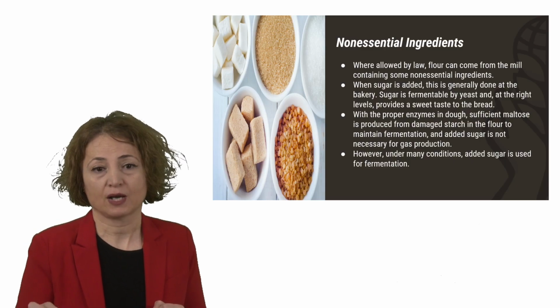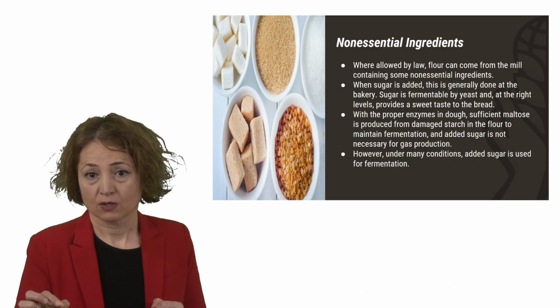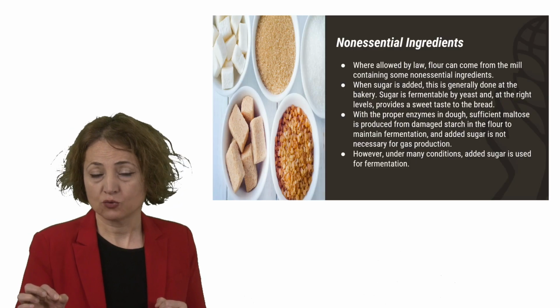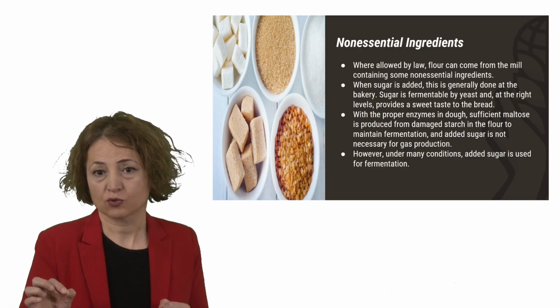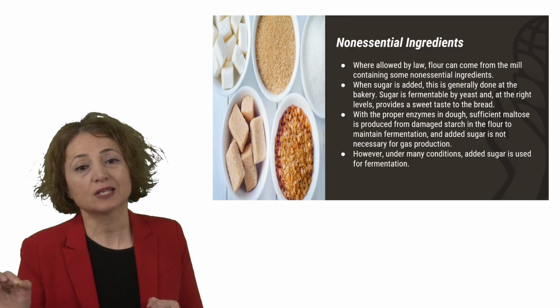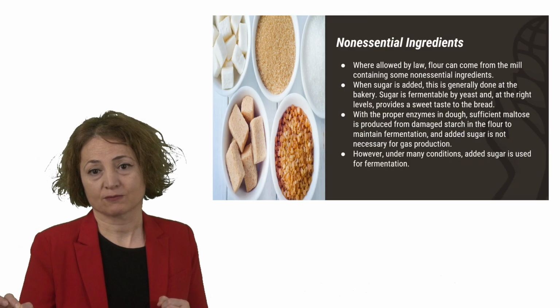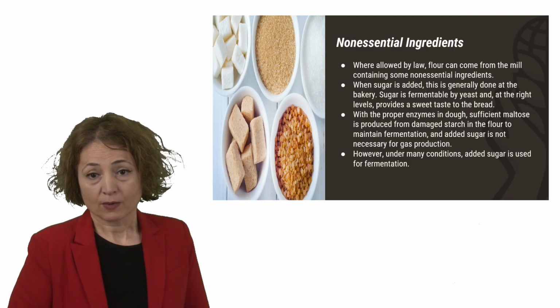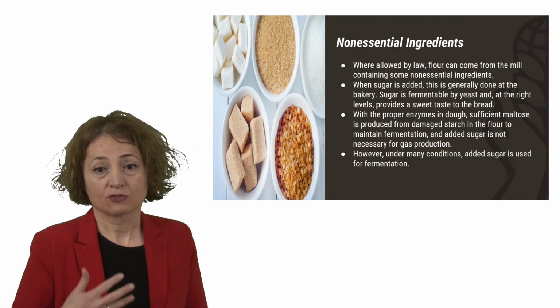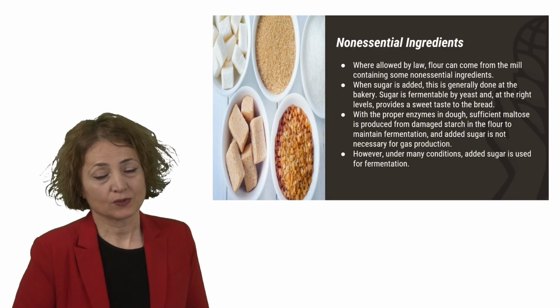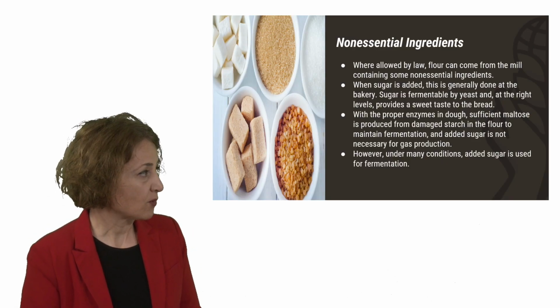Those will be utilized as food for yeast, and then maybe we do not have to use a higher amount of sugar if we are using enough alpha amylase to provide the food for yeast from the damaged starch. However, under many conditions, added sugar is typically used in many baking formulations.